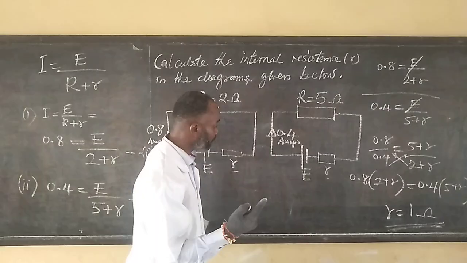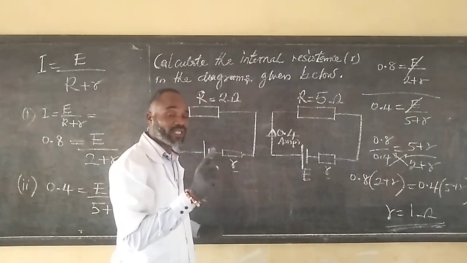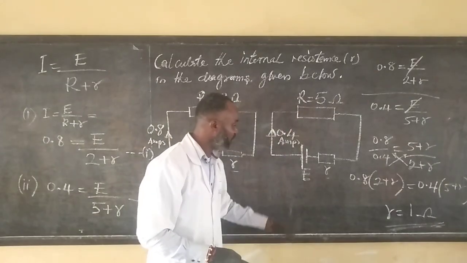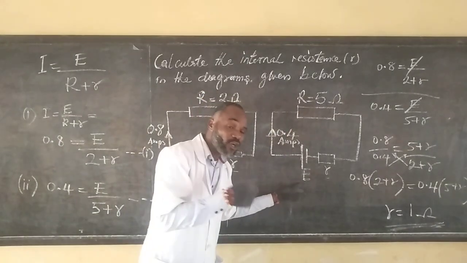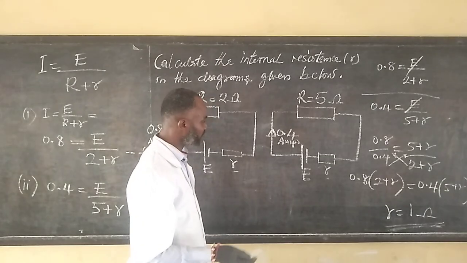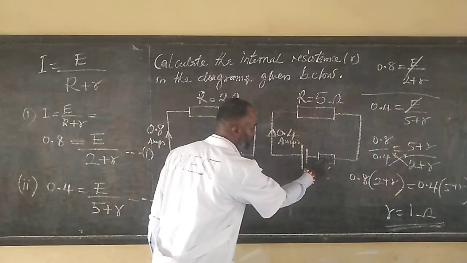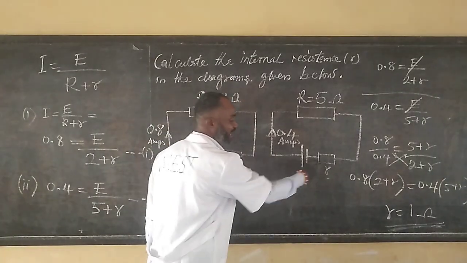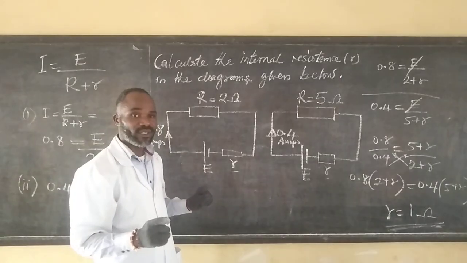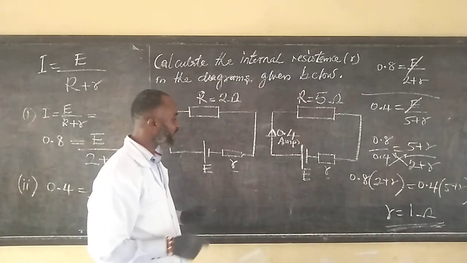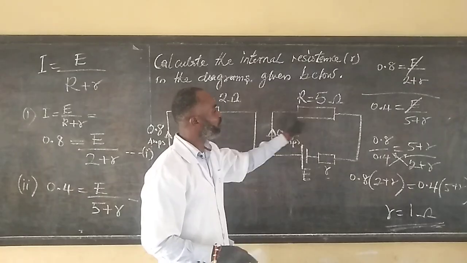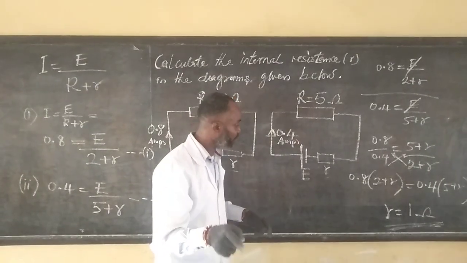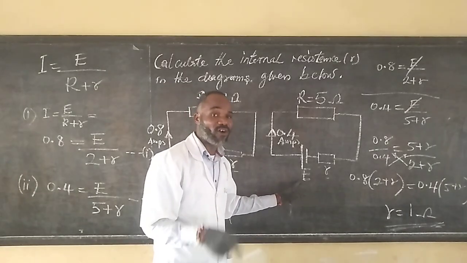That is why the terminal potential difference across the external resistance is always less than the EMF, the energy of the circuit. The lost potential difference across the internal resistance of a cell accounts for why the terminal potential difference across the external resistance is less in value than the electromotive force E of the cell.